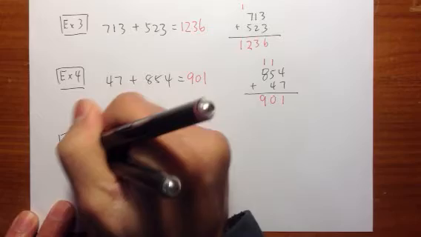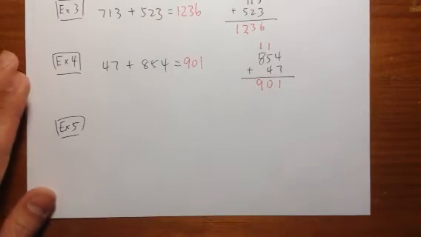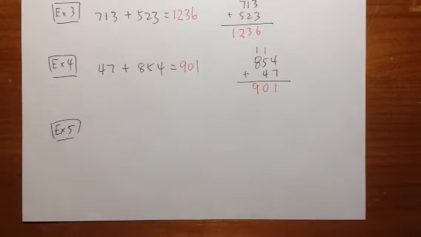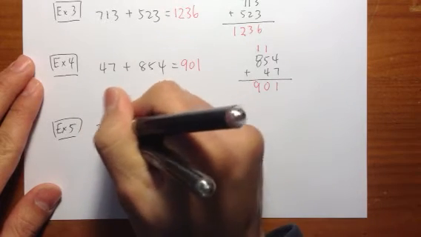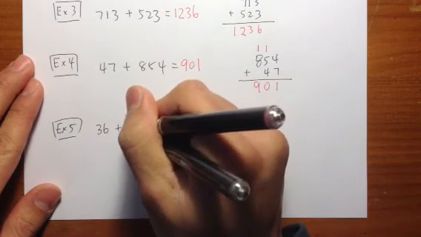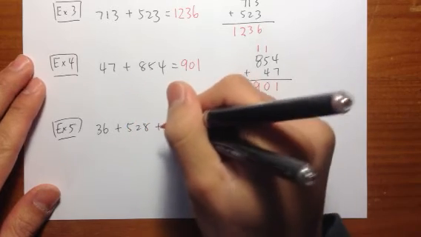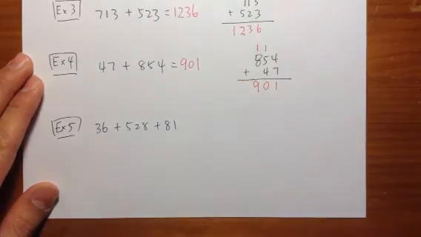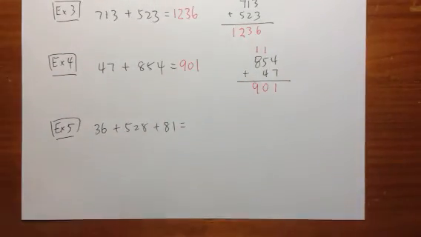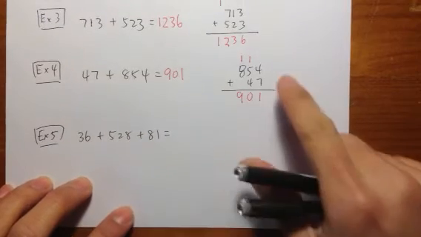Example number 5. Sometimes you need to add more than 2 numbers. Let's say I have 36 plus 528 plus 81. Okay? And again, in this case, if you have 3 numbers, you do the same.